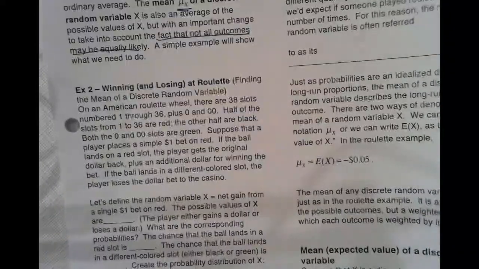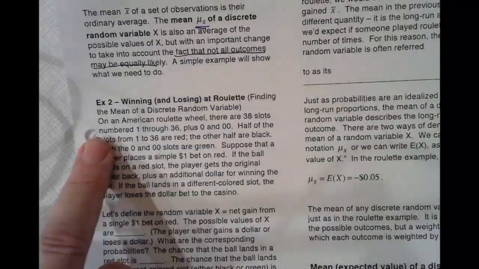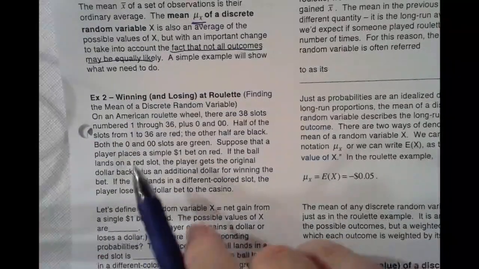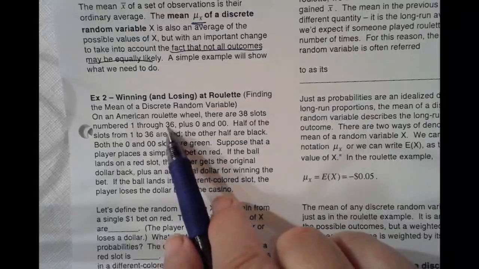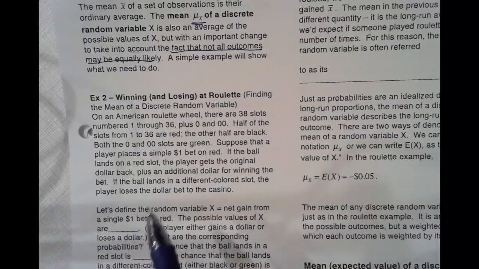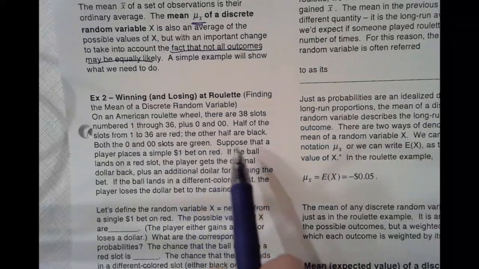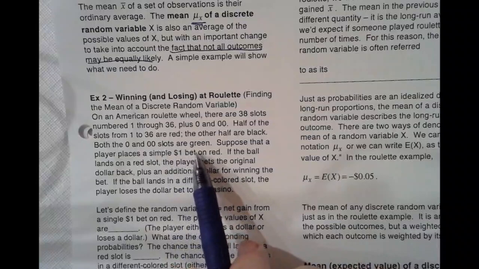So winning and losing at roulette, finding the mean of a discrete random variable. On an American roulette wheel, there are 38 slots numbered 1 through 36 plus 0 and 00. Half of the slots from 1 to 36 are red, the other half are black. Both 0 and 00 are green.